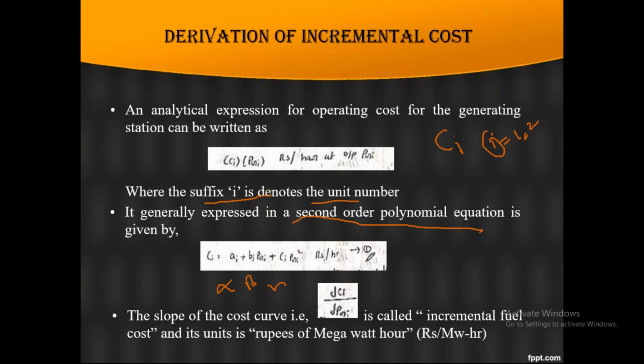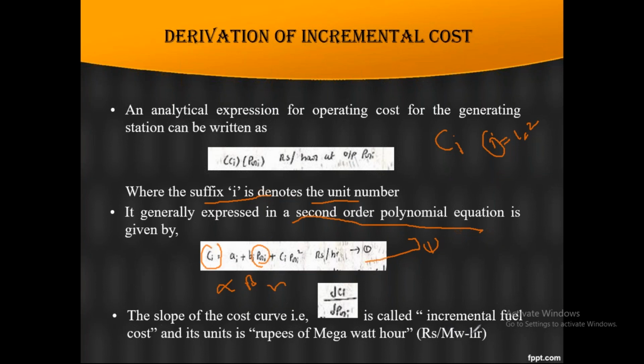Suppose it is the equation for unit 1, then you can represent C1 equals a1 plus b1 Pg1 plus c1 Pg1 square rupees per hour. This is the cost equation for unit 1, and similarly for unit 2, unit 3, and so on. Next, if you want to find the incremental cost, what do we have to do? We have to differentiate this equation with respect to power generation.